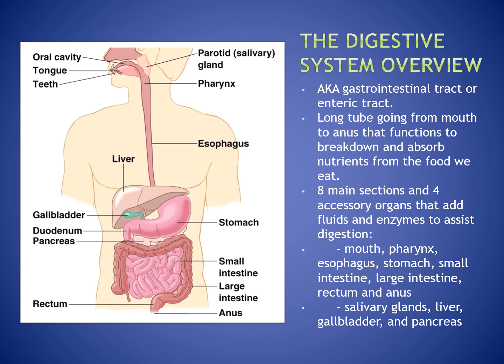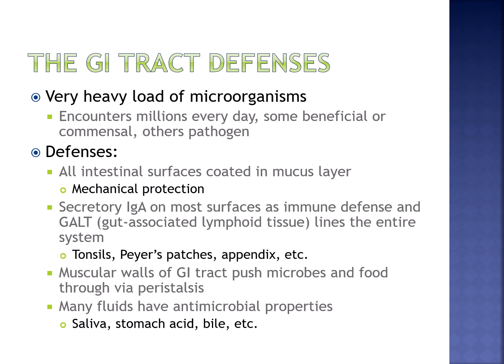So I would know a handful of these organs that are the primary players as well as accessory players when it comes to the digestive system. All right, so as we have discussed prior to talking about diseases, we've talked about where you find microbes on your body and also in your body.